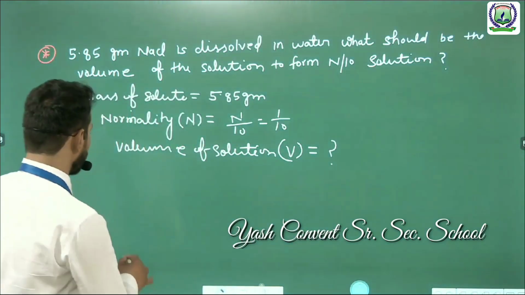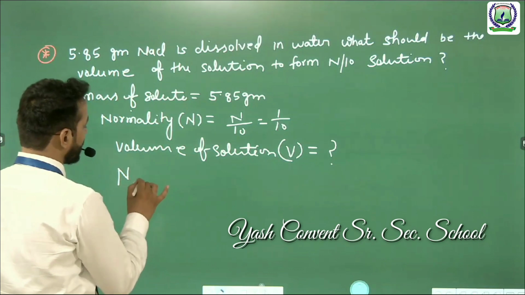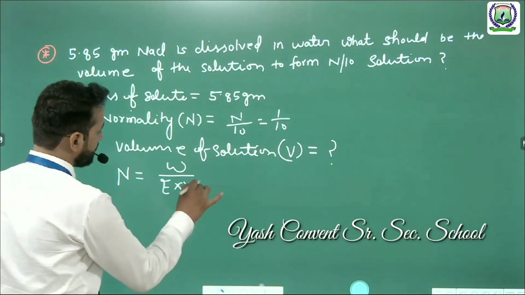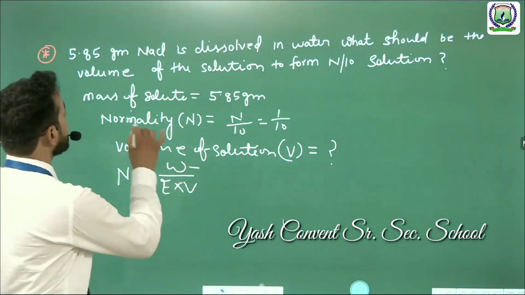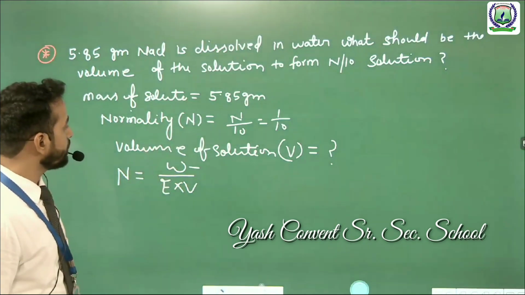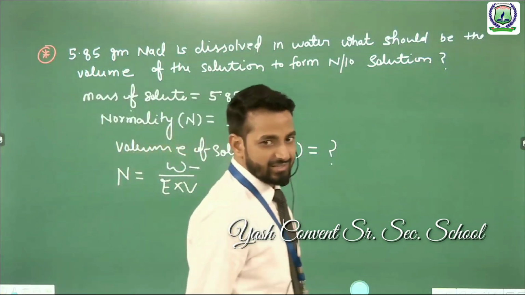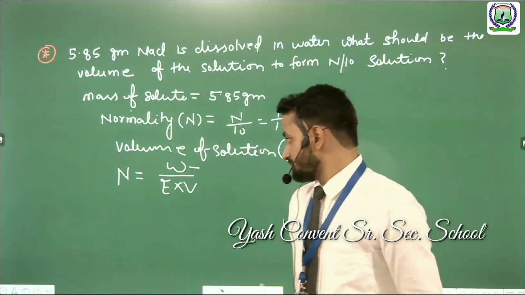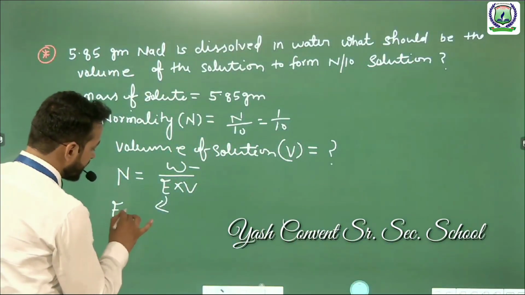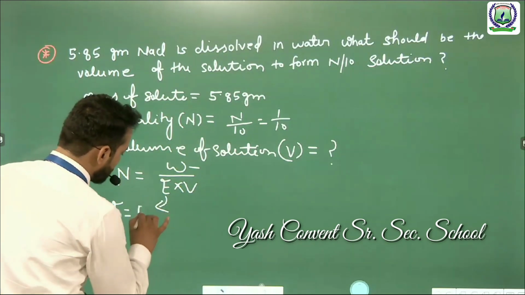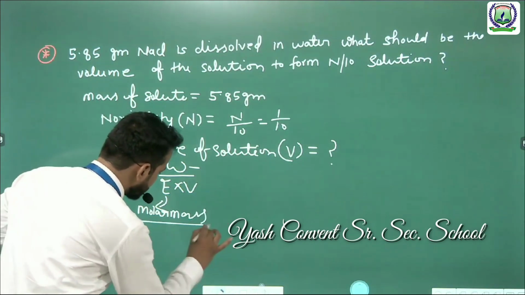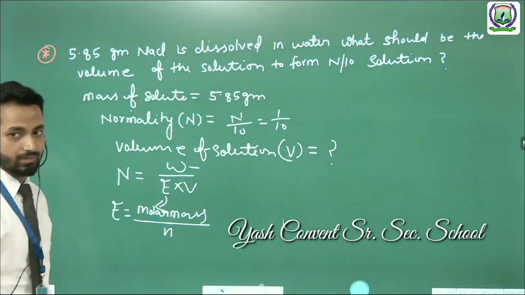The formula of normality is equal to W upon E into V. In the question, W is equal to 5.85 gram, and V we will find. E is equivalent mass, which is equal to molar mass upon n.